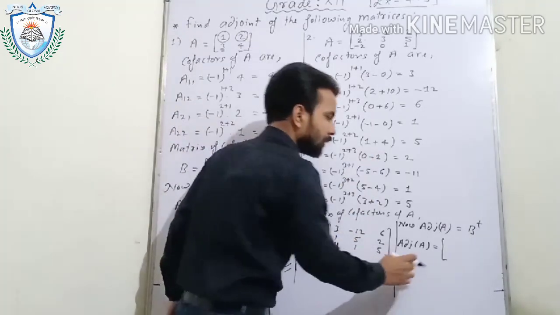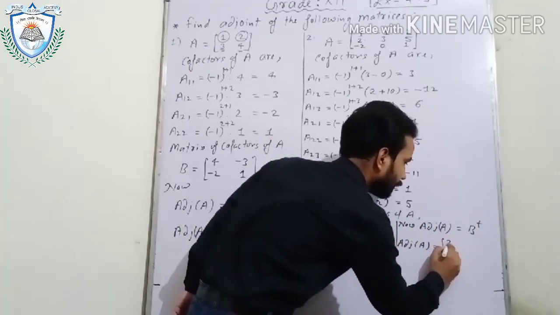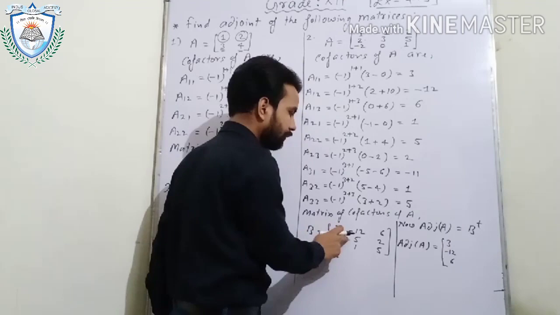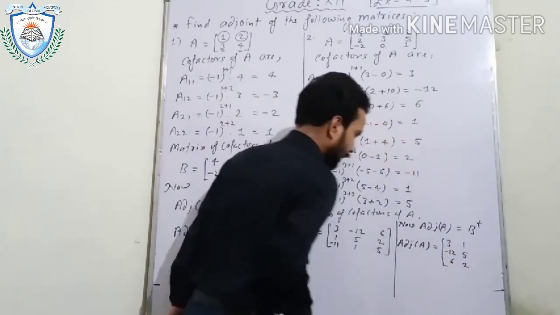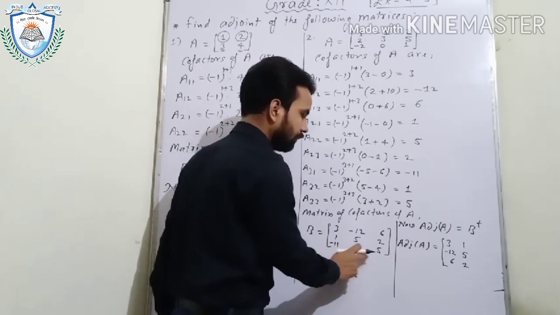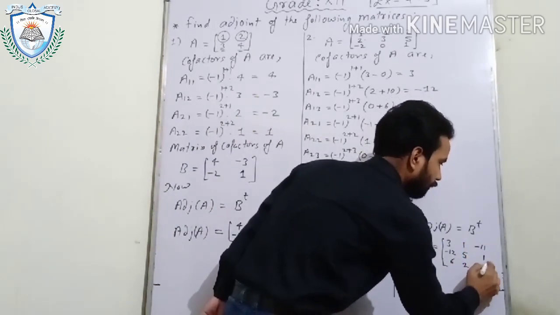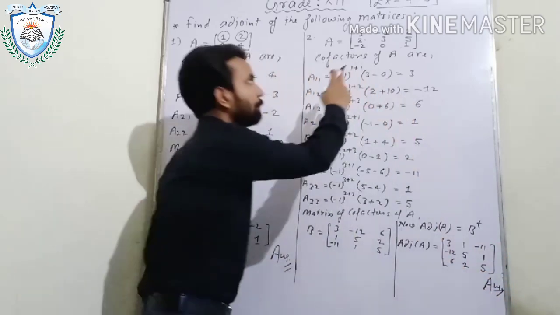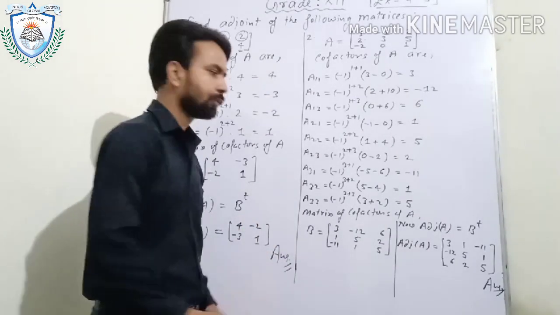So it will be first column, that is 3, minus 12, 6. Second column is 1, 5, 2, and third column becomes minus 11, 1 and 5. So this is adjoint of this matrix. Hope it is clear to everyone. Understood? Good.